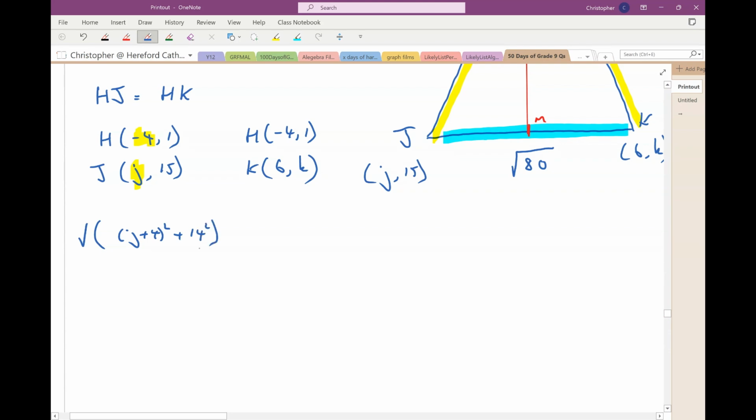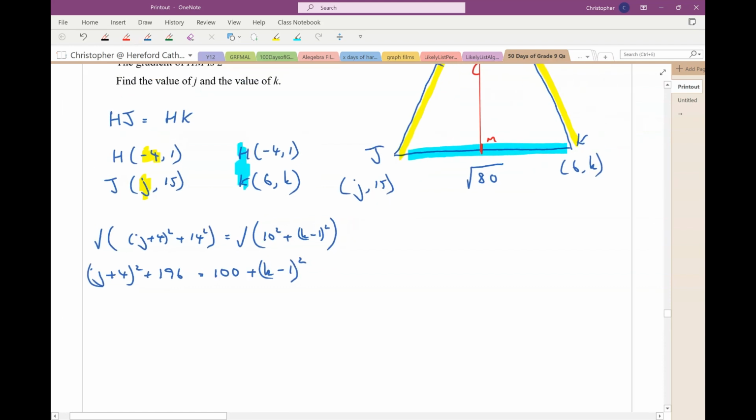So I know that the square root of that is equal to, now let's write an expression for the distance between H and K. Let's do bottom minus top again. 6 minus minus 4 is 10, 10 squared, plus K minus 1 squared. There we go, let's square both sides. So I know that J plus 4 squared plus 196 is equal to 100 plus K minus 1 squared. Let's leave that like that for the time being.